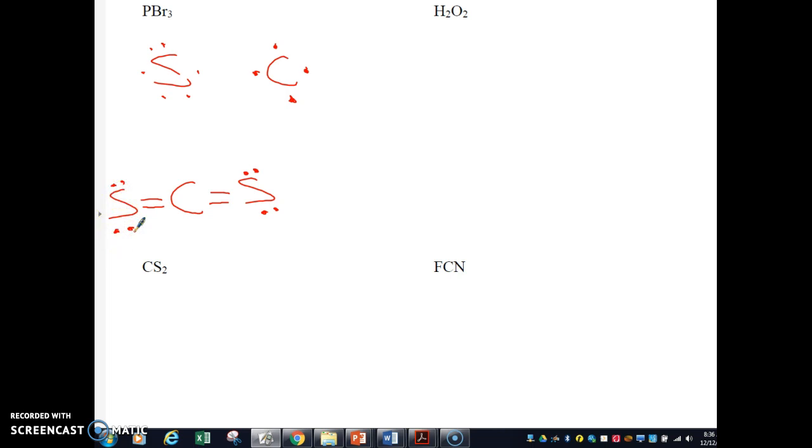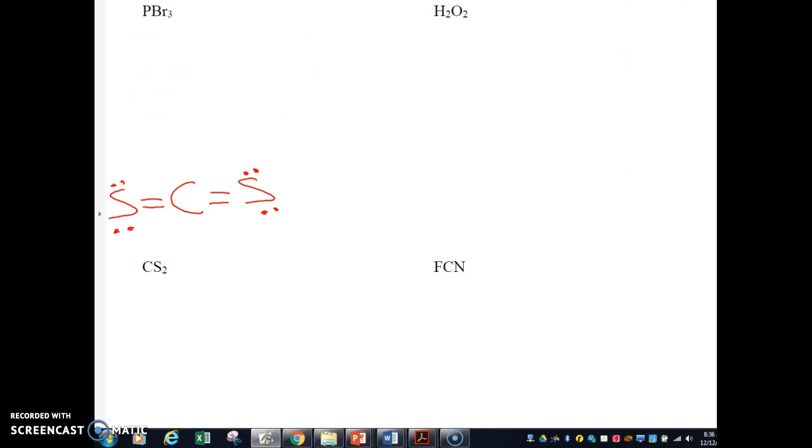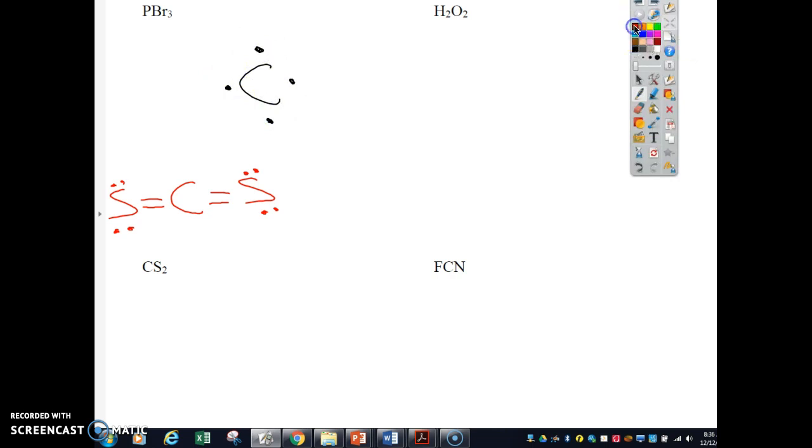Now, if you're going to draw this out, let me rewrite these. So if we put the carbon in black and we drew it like this, and then we can put sulfur in red.